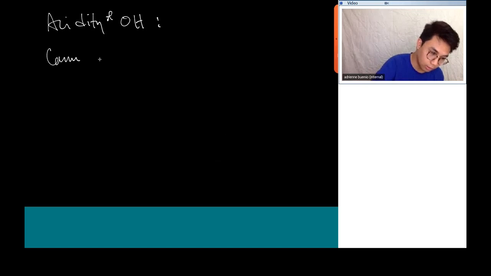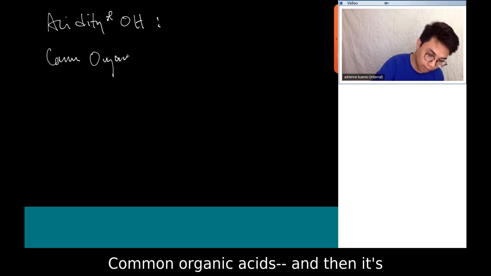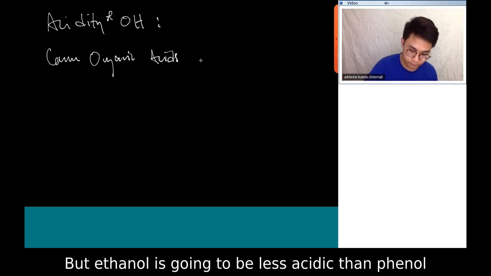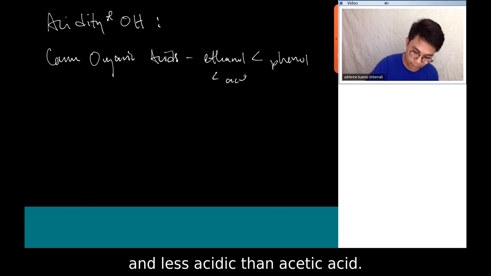So common organic acids, right? This is going to be really weird if you think about it, but ethanol is going to be less acidic than phenol, right? And less acidic than acetic acid.